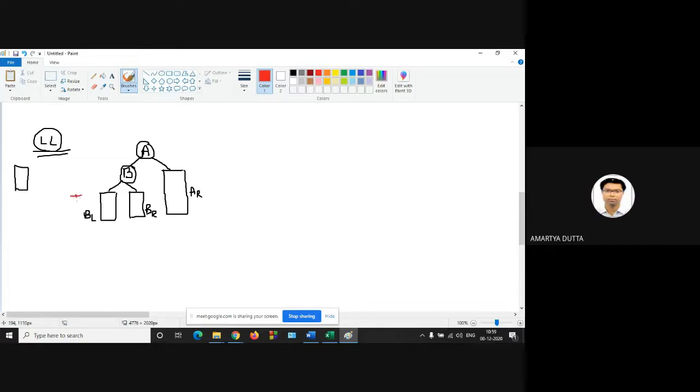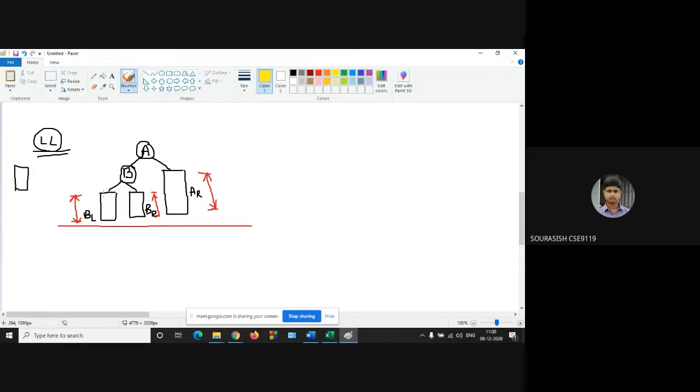Now, is it height balanced? Can you guess? We need to know the height of AR, BL. Actually, this is height balanced. How?